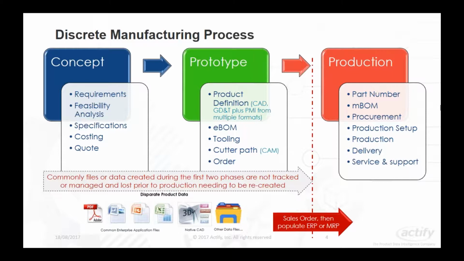So all that information, once you win the sales order, so often customers are looking backwards trying to find that information, especially in what we call the SMB, or small to medium-sized companies, manufacturers. They haven't invested into the larger PLM, PDM type applications.